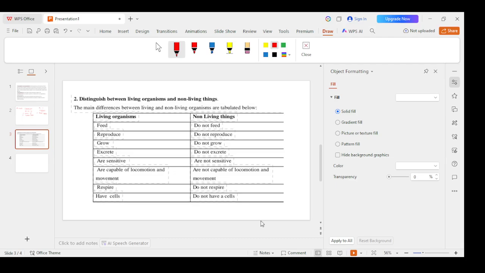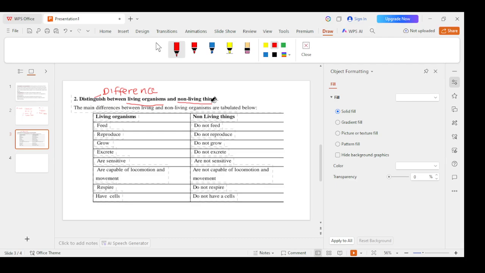What does it mean to distinguish? We are simply talking about the difference. So this word distinguish means difference. So we want to see the difference between living organisms and non-living organisms.